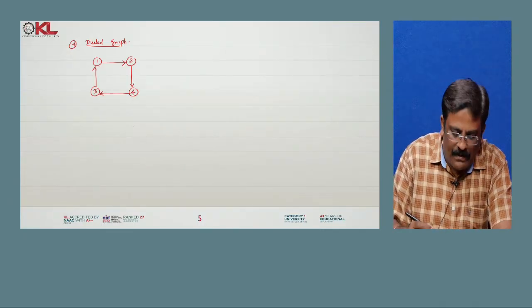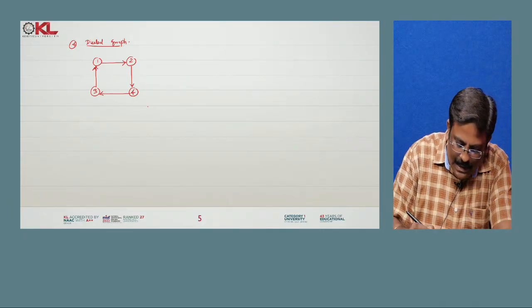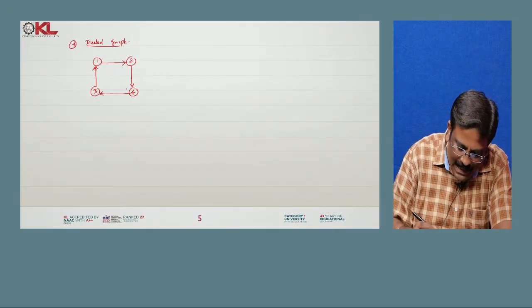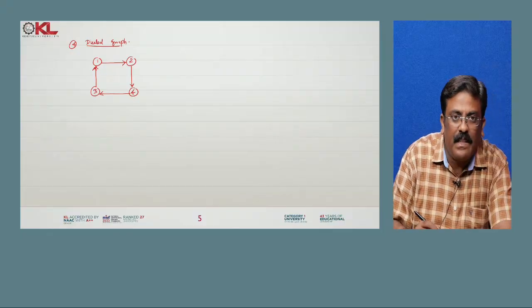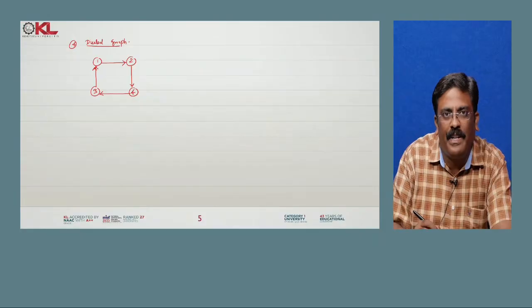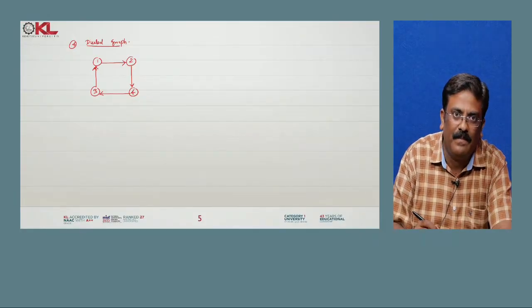The same graph which we took in the last example, but here the edges indicate in what direction they are moving. So this is called a directed graph.